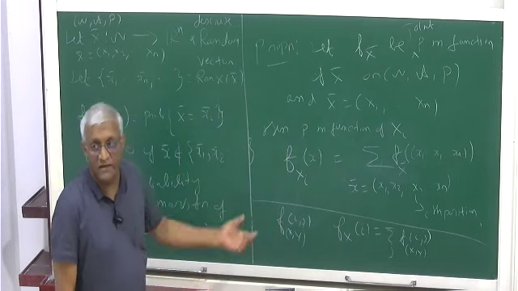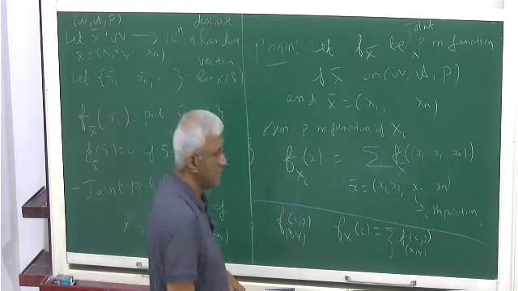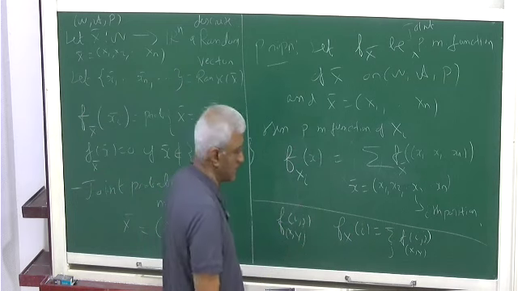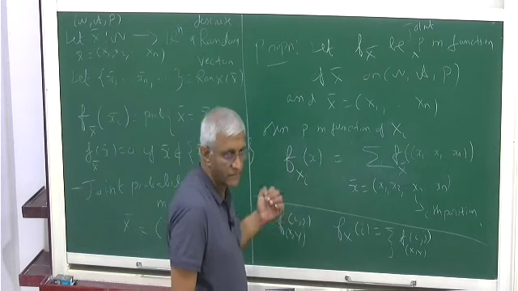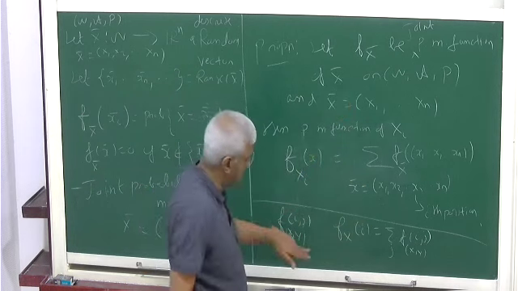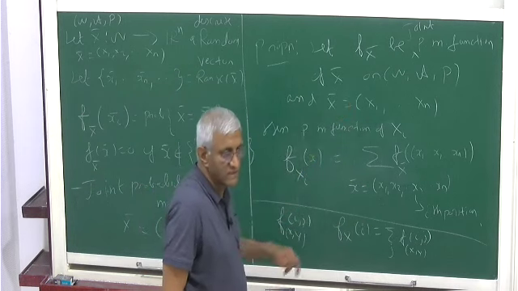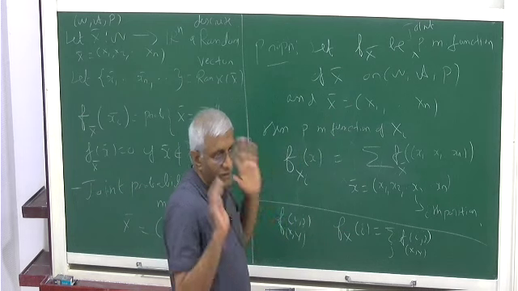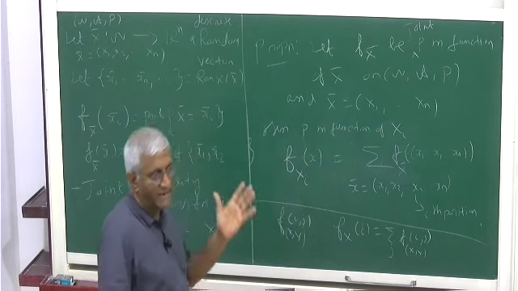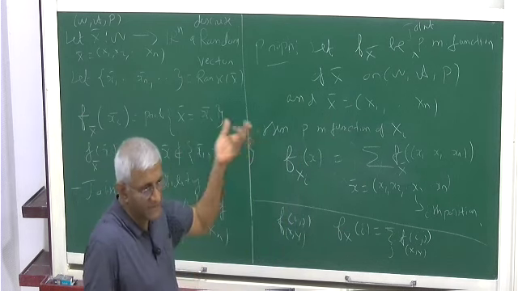This is what is called the marginal. You get the marginal distribution from this. If this is the joint distribution, this is the marginal distribution, which gives the distribution of this xi. You have a random vector, which is like a random variable taking values in R^n.